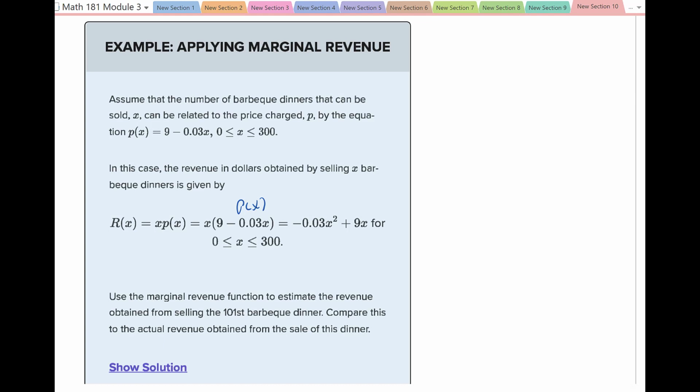So use the marginal revenue function to estimate the revenue obtained from selling the 101st. So we can figure out what the revenue is for the 100th and estimate what the next one's going to be. So let's see.